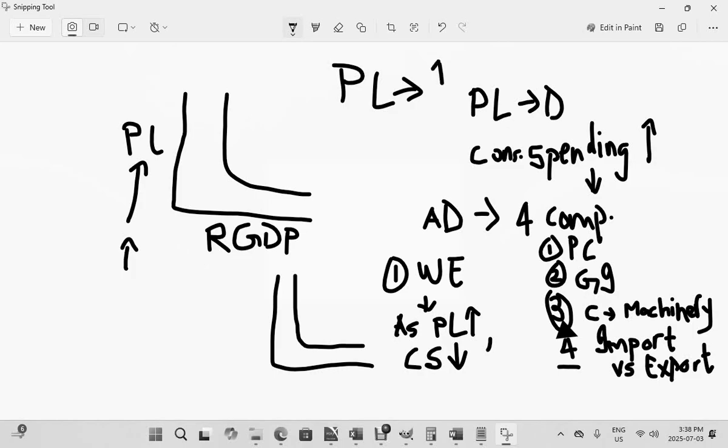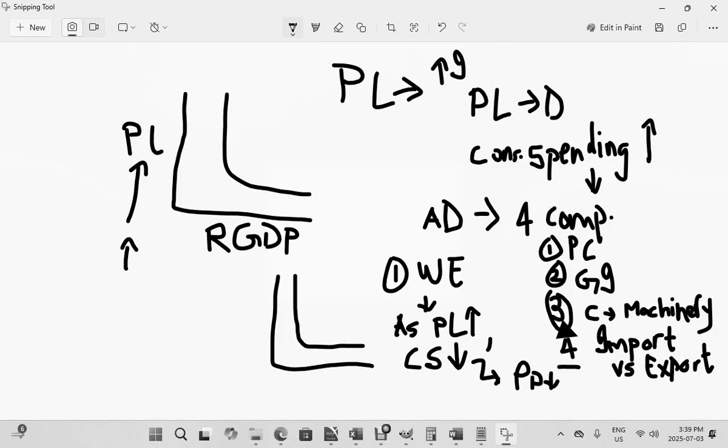So as inflation rates go up, consumer spending will go down because the purchasing power of the currency goes down. So what consumers can buy, the purchasing power within an economy, goes down.